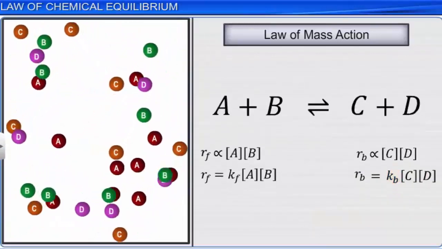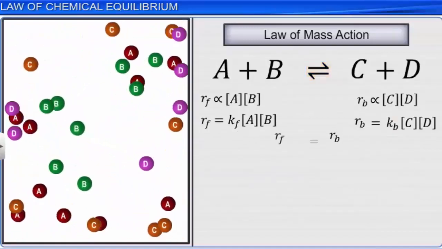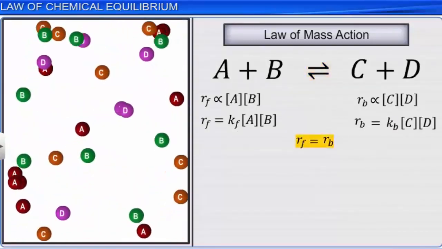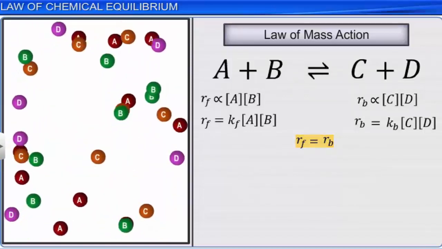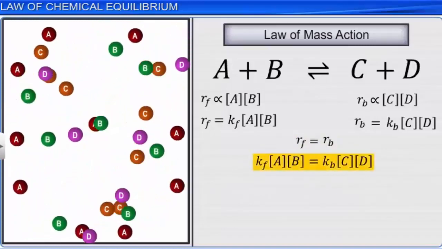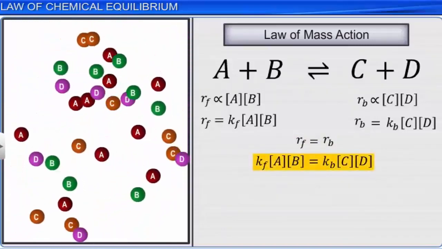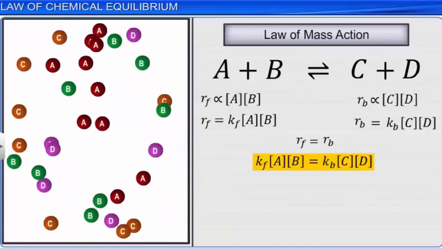At equilibrium, the rate of forward reaction becomes equal to the rate of backward reaction. That is, Kf multiplied by the product of concentrations of reactants A and B is equal to Kb multiplied by the product of the concentrations of C and D.